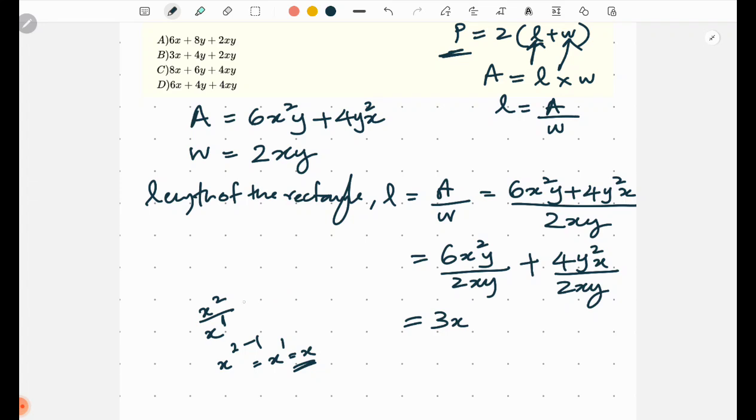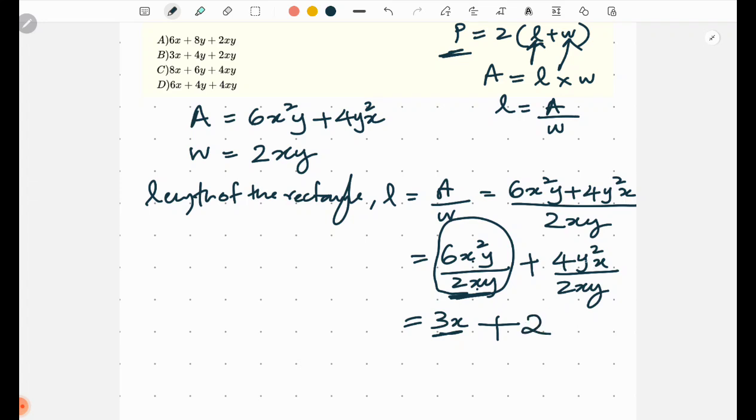Or you could just notice that x² is x into x, and the x in the denominator cancels, leaving x. Then y and y cancel. So this simplifies to 3x plus, for the other term, 4 by 2 is 2, y² by y is y, and x and x cancel.